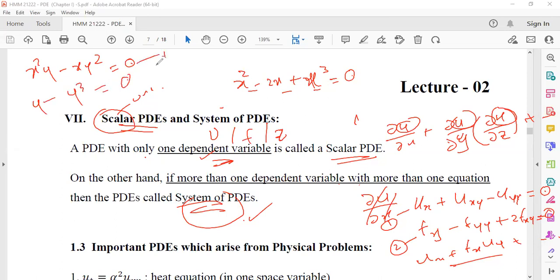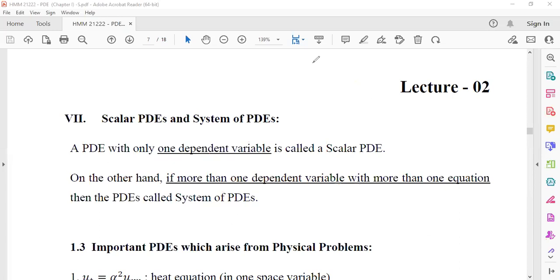To solve these 1 and 2, there are two variables and two equations, so this is a system of algebraic equations. Similarly for partial differential equations the concept is the same. So that is the definition of scalar PDE as well as system of PDEs.